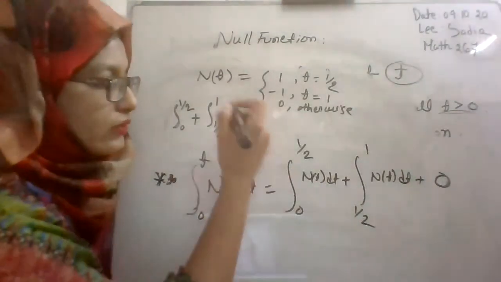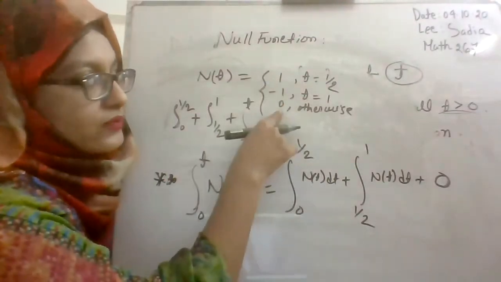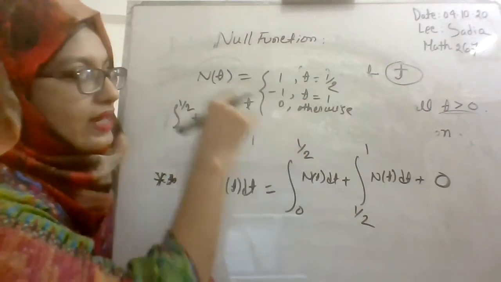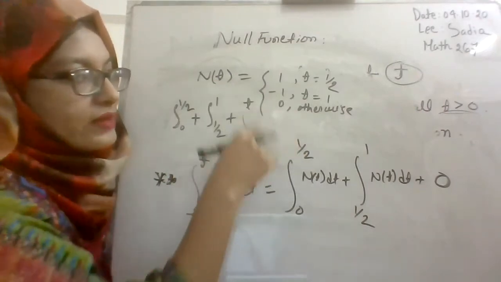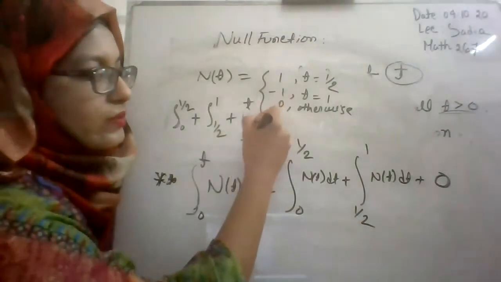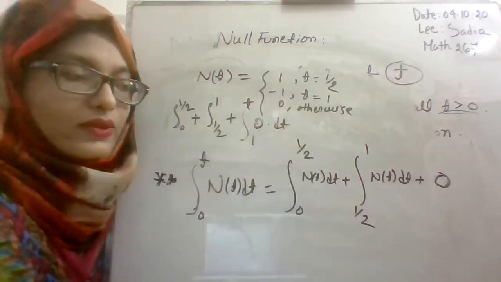So the last part will be from 1 to t or 1 to infinity. The value of n of t for this interval will be 0, so it will be 0 into dt, and the integration of this part is equal to 0.